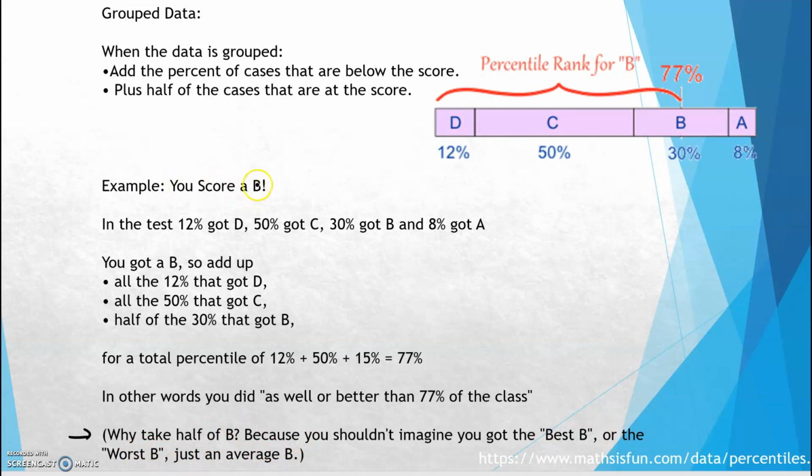So if we're looking for the percentile of B, so here's B, and it says I'm going to add the percentage that are below, so these two, so 12 plus 50, and then half of my 30, which is 15, so 12 plus 50 plus 15 is 77%, or P sub 77, or the 77th percentile.